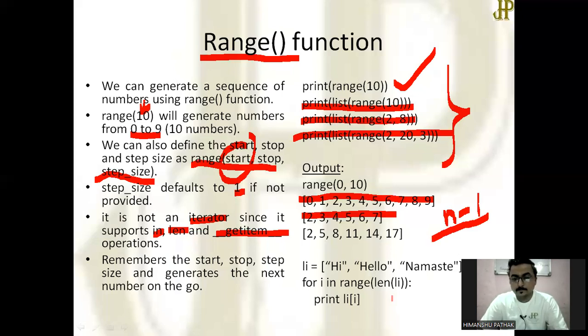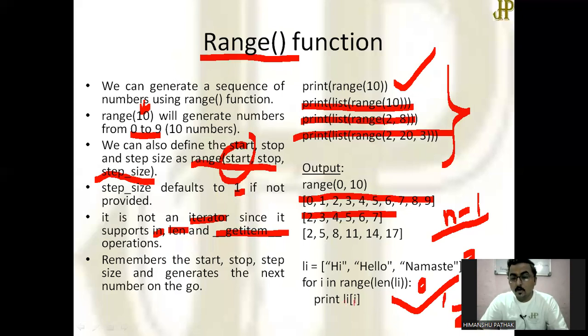Here you can see the example. There is a list: hi, hello, namaste. For i in range of len of li. The length is 3. So it moves from 0, 1, up to 3 minus 1, that is 2.